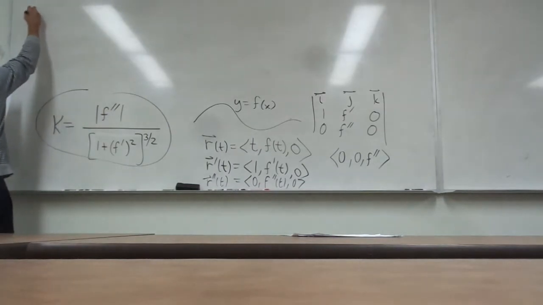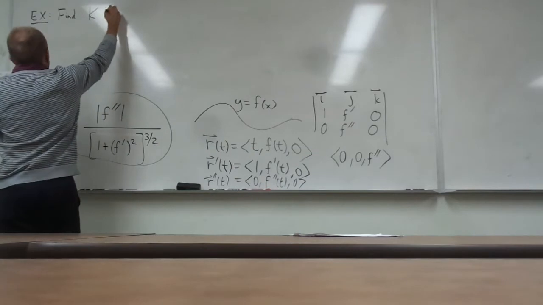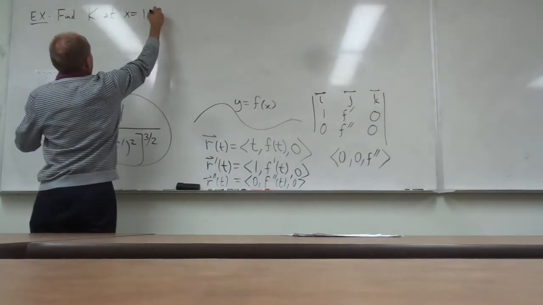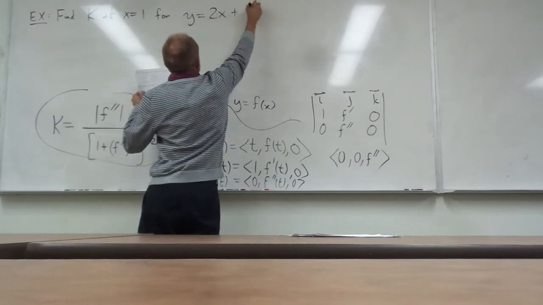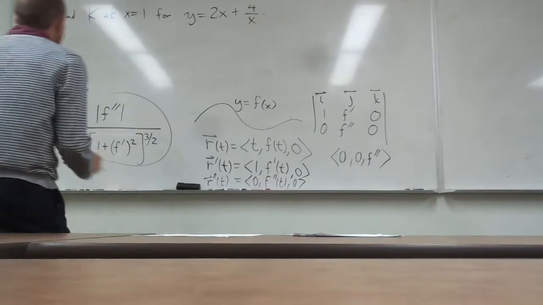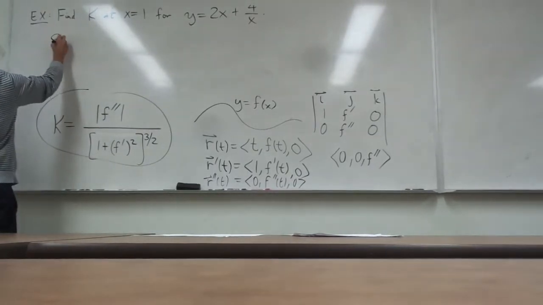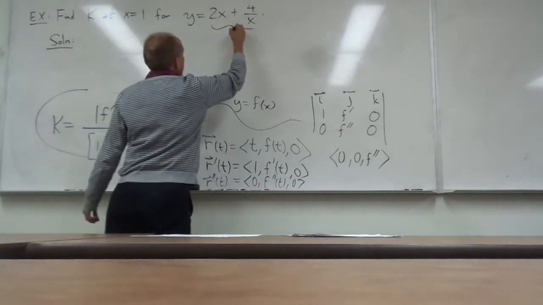So here's an example. Find k at x equals 1 for y equals 2x plus 4 over x. Okay? So this gets remarkably simple. This is my f of x right here.